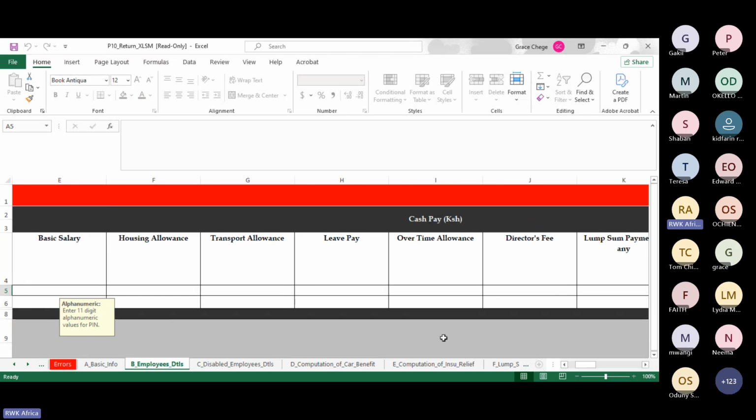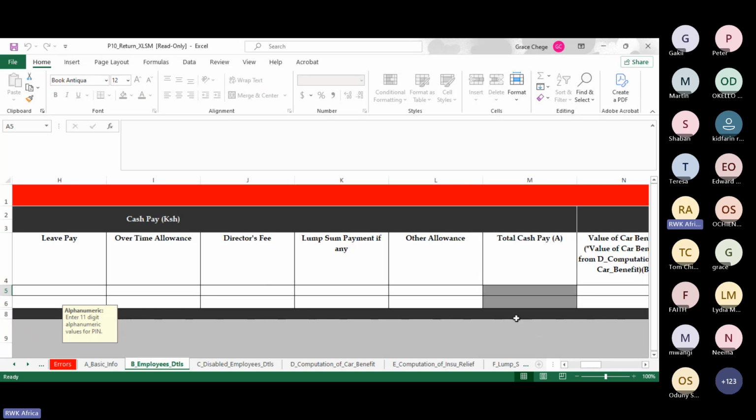So you'll not need to break your cash benefits down to basic, housing allowance, transport, leave, overtime allowance, director's fees, lump sum pay, other allowances. They have realized that this bit is no longer necessary, because regardless of the title of that cash benefit, it's going to be taxed. So all this has been combined into one column that will be total cash pay. We're going to look at that.